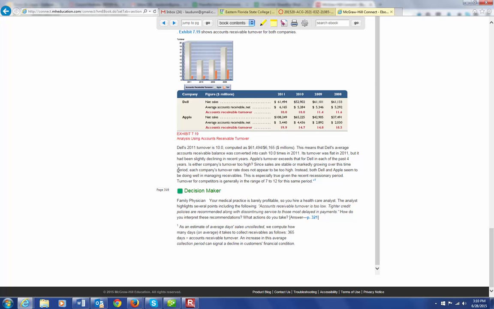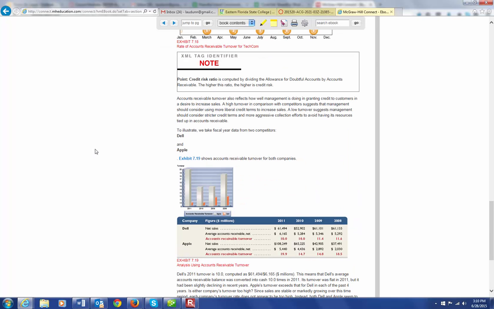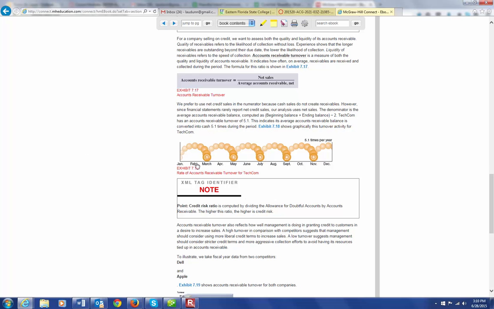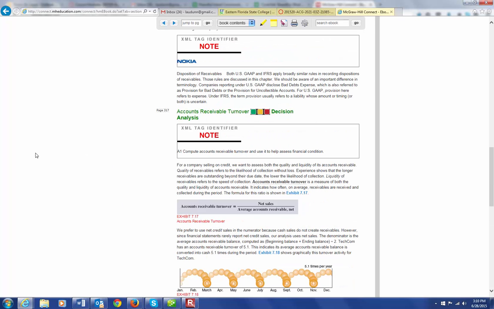You have to compare it to other companies, but not just any other company, but companies in that particular industry, because turnover ratio for computers is going to be very different than turnover ratio for apples at a grocery store. But this particular ratio can be very useful to management in terms of looking at how they're handling their accounts receivable.